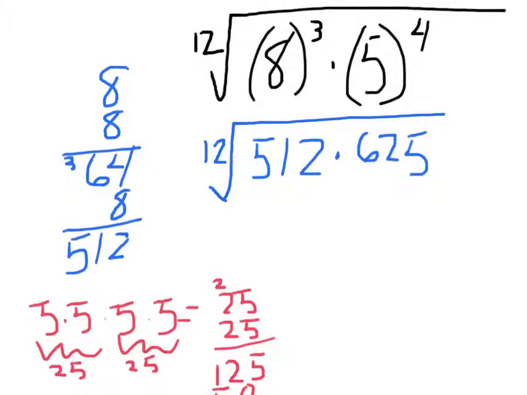Is that what it is? I don't see that as being one of our answers here. 320,000. There you go. So the answer here is what? The 12th root of 320,000. Oh, I didn't do the third number, never mind.